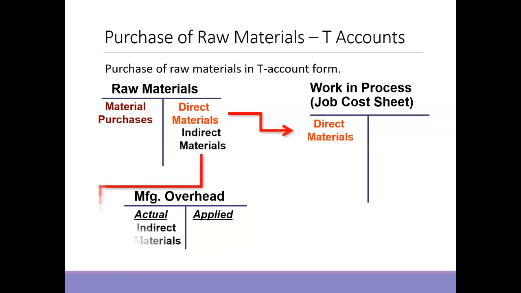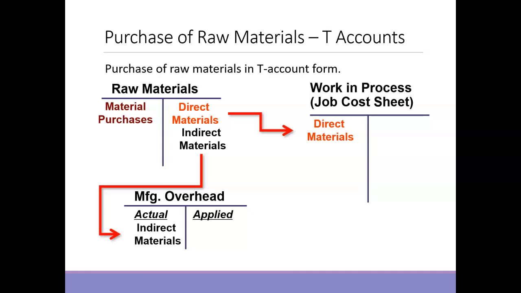So you see here, raw materials, there's an account specifically for raw materials. As a job begins, those raw materials can go into one of two places. The direct materials go directly to the job.